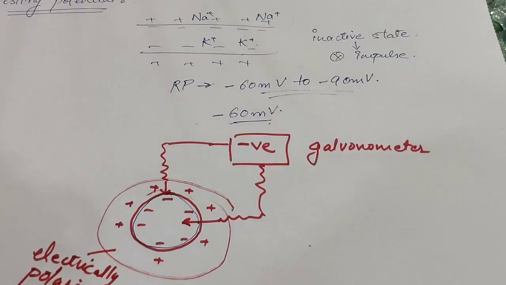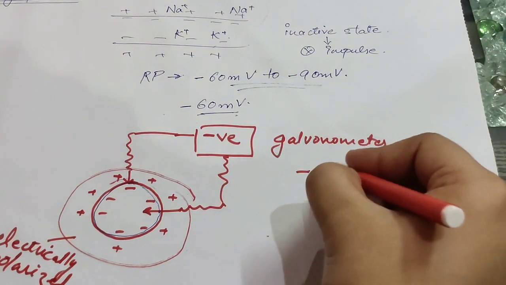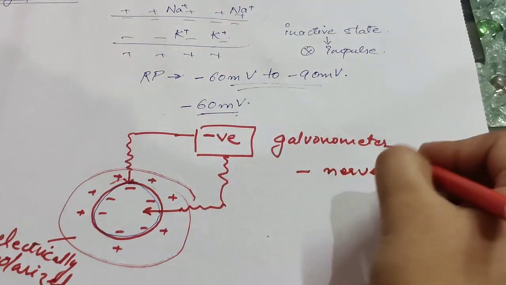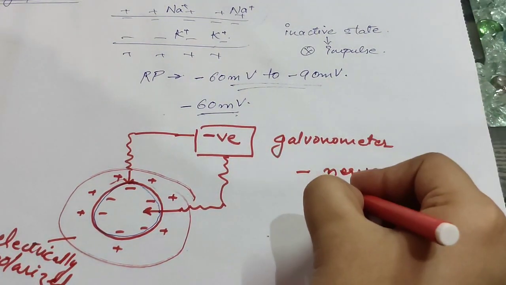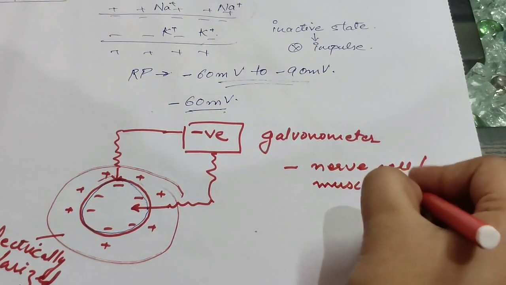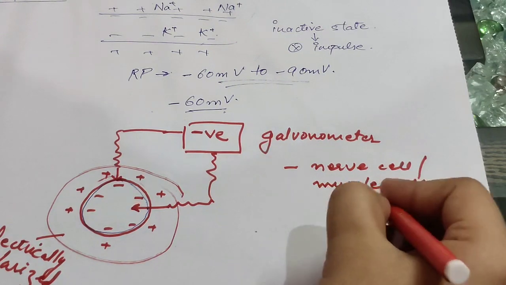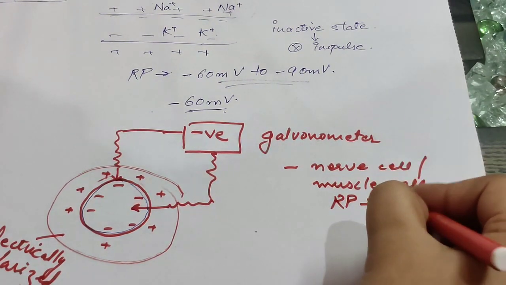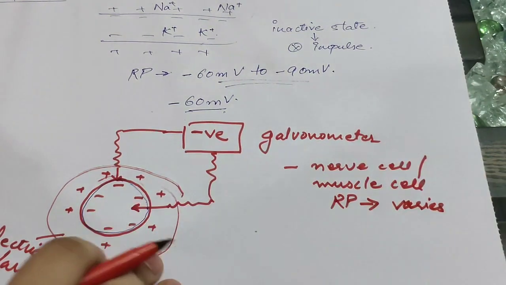In some cells, like nerve cells and muscle cells, the resting potential varies when the cell is excited.